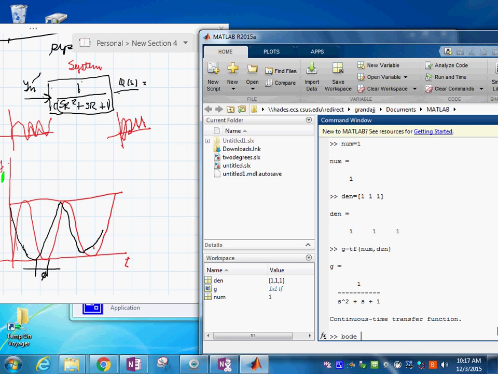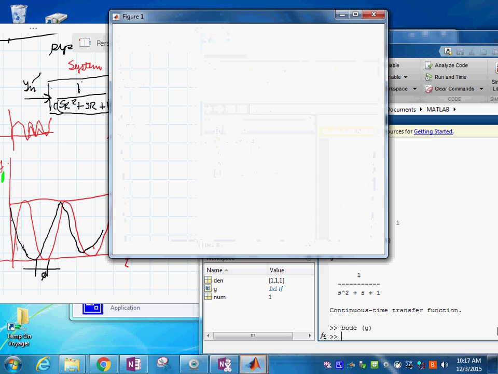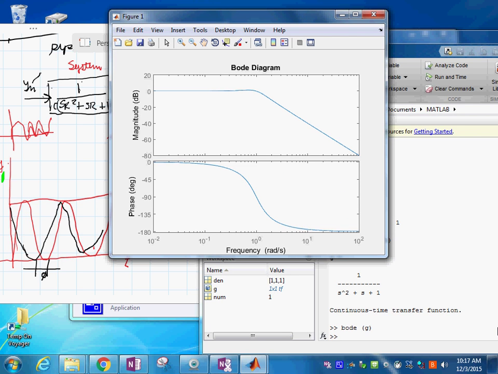And I could do this: bode G. Get me that Bode plot that tests the frequencies from very low frequencies to very high frequencies and see how the system responds. That's why this method is called frequency response. And there it is.